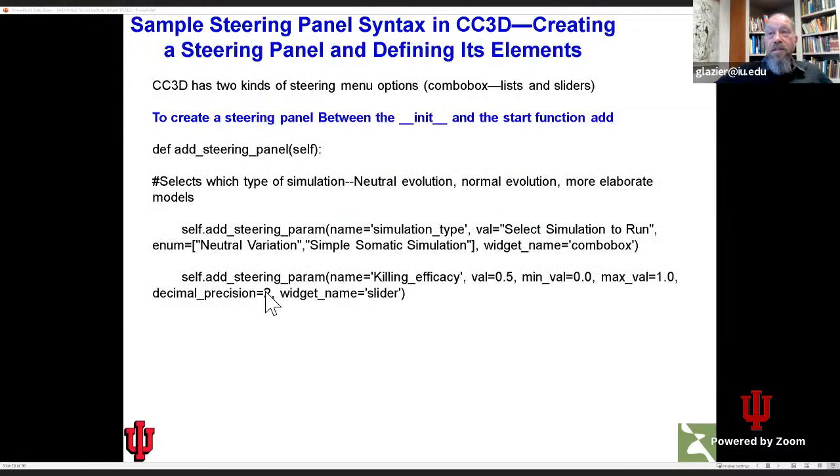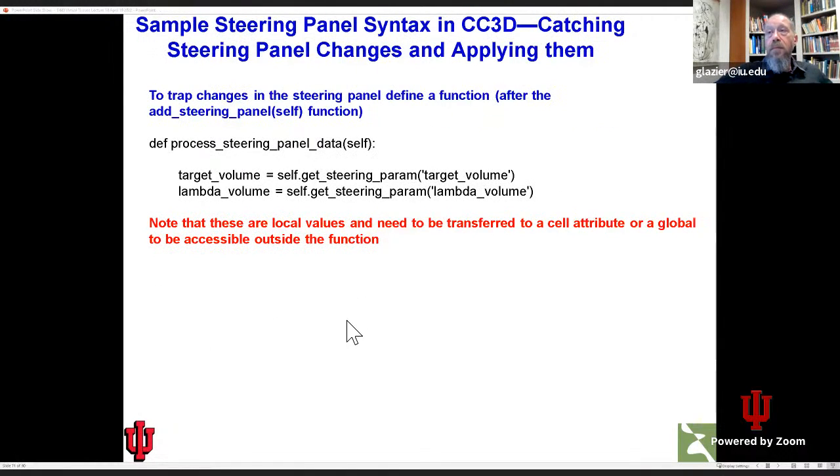I would have had to say something here: name equals target volume, range of values. And then I can transfer that value from what I've read into my parameter. Notice that because this is inside a function definition, I need to do something with target volume because target volume is local to that function.